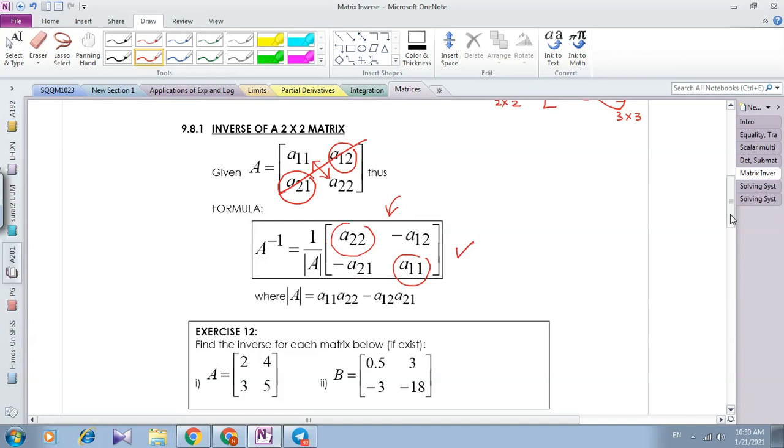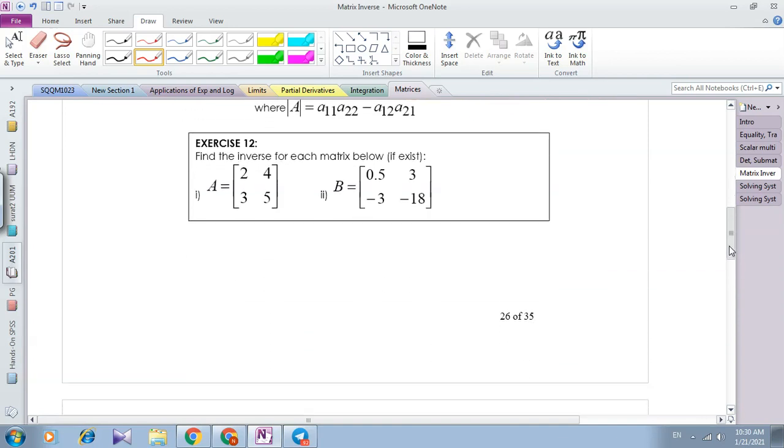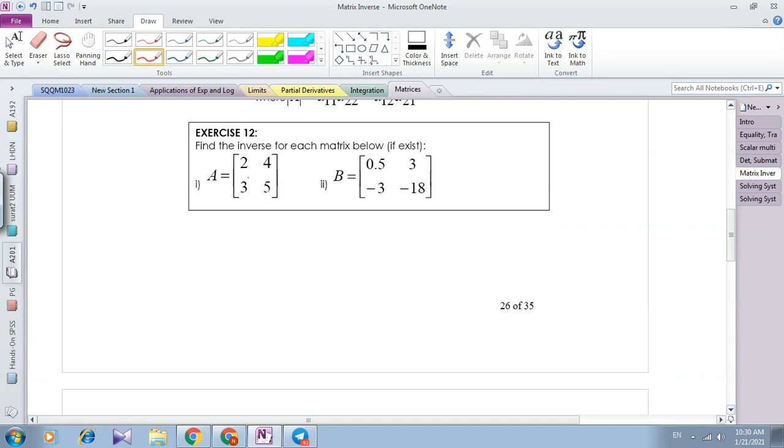Okay, let's do one example from exercise 12. Once again, we are doing a 2 by 2 matrix. So what is the determinant of A?